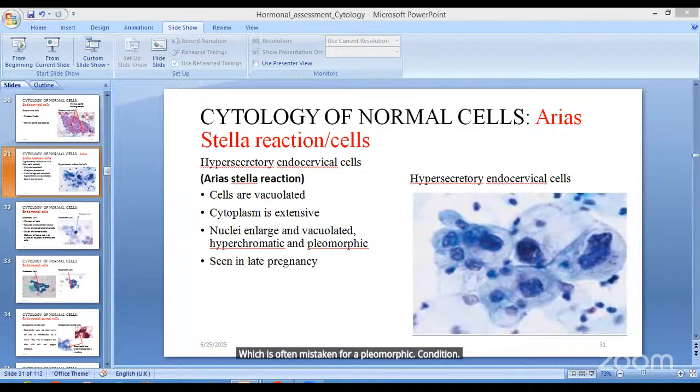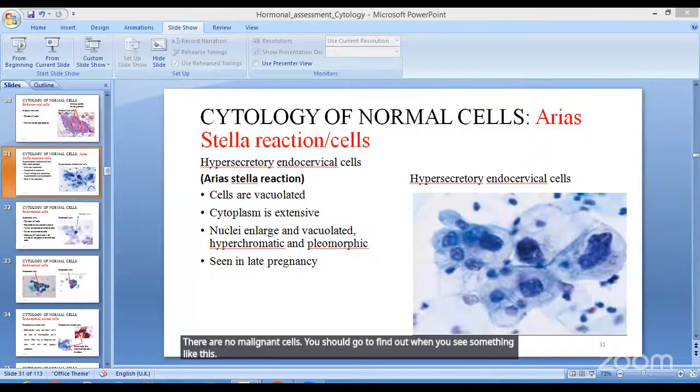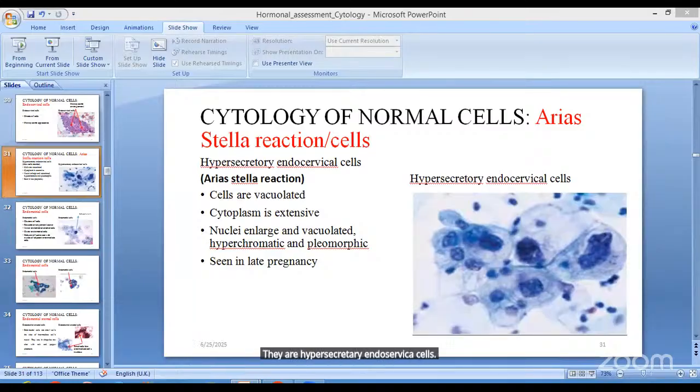An untrained mind may confuse them with malignant cells, but no, they are not malignant cells. When you see something like this, you should find out; they are hypersecretory endocervical cells, and the history should rightly point to pregnancy.